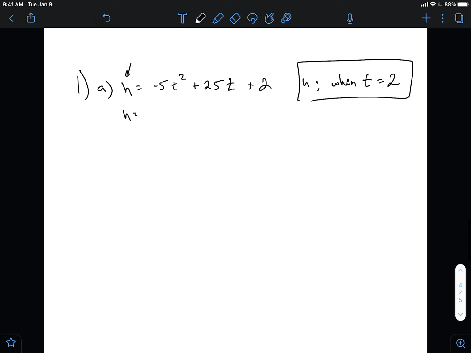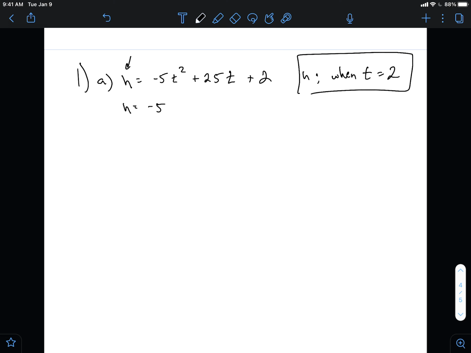So h is going to equal, I'll move it up. h is equal to negative 5 times 2 squared plus 25 times 2 plus 2. What's the height? Well, we're going to go negative 5 times 4 plus 25 times 2, which is 50, and then plus 2.